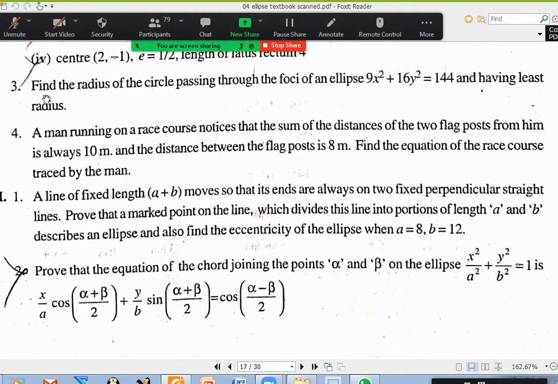Okay, 3 or 4 in section 2. Any doubt? Section 3, anybody any doubt?